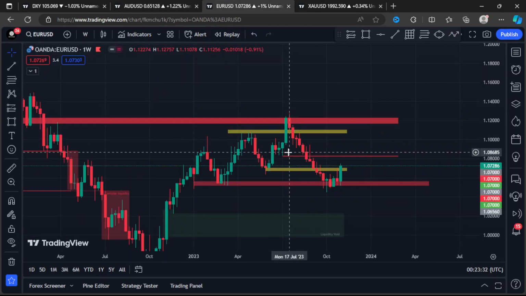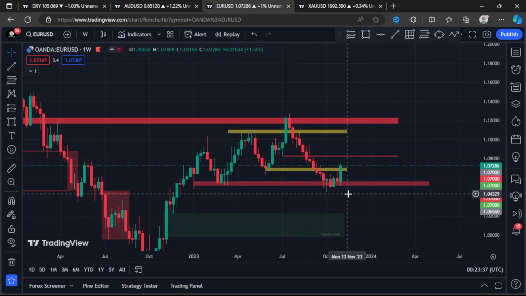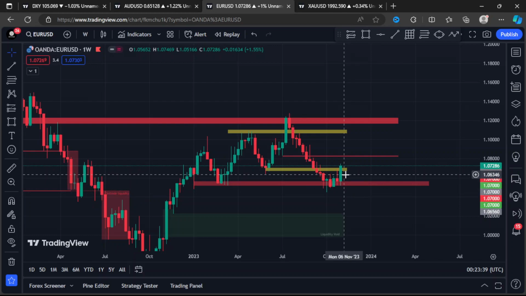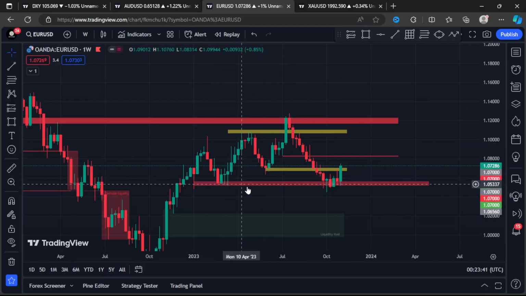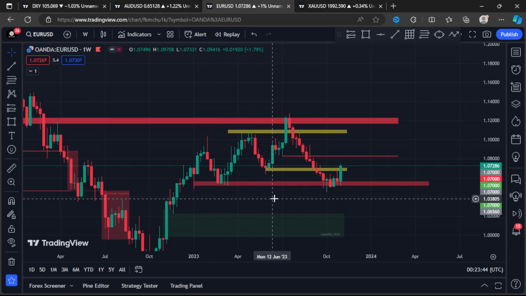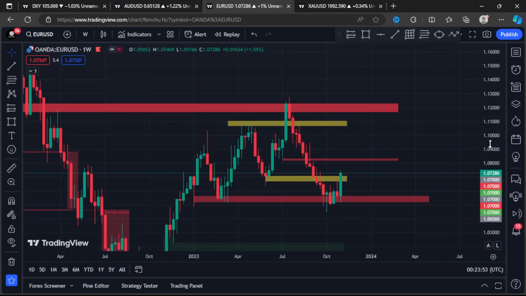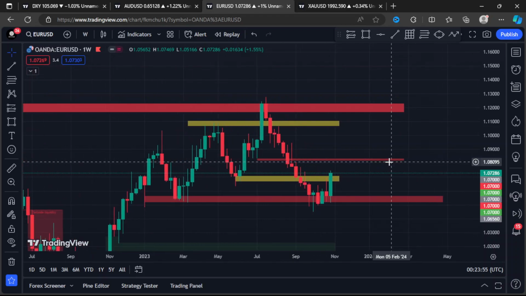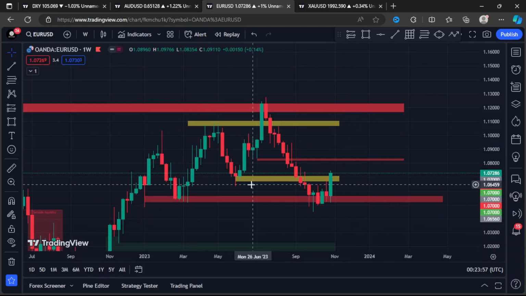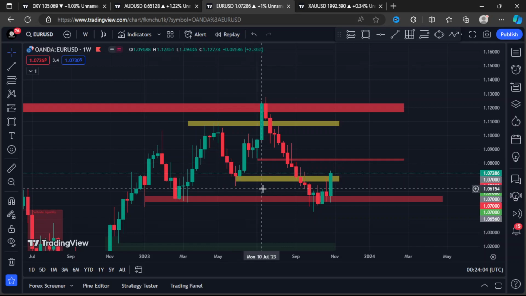Now moving up to EURUSD. Also on a weekly time frame, we can see a push from the monthly support zone. The red bar you see here is my monthly support zone. You can clearly see a very strong bounce off from that support zone, and the yellow bar is my weekly minor resistance zone.